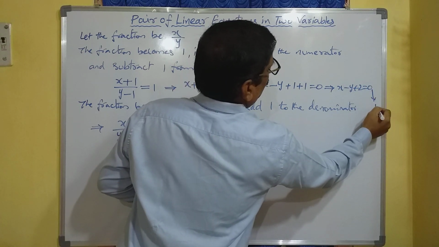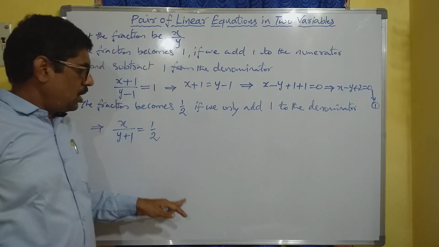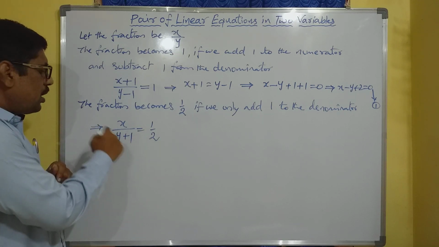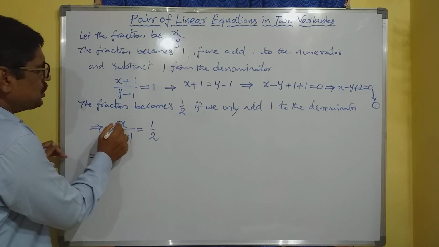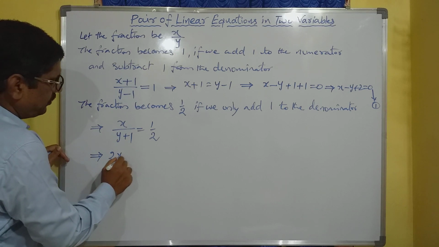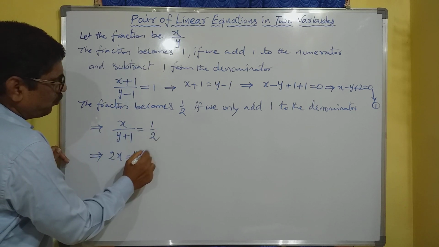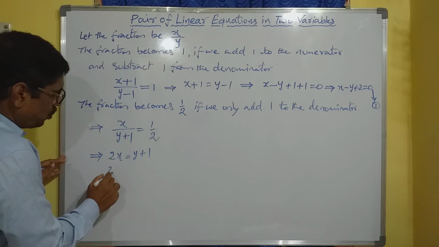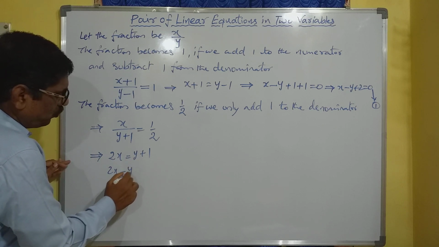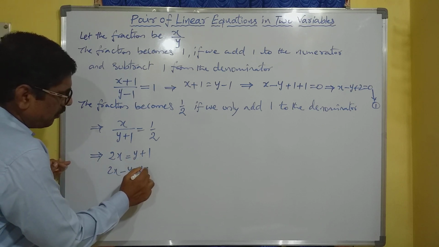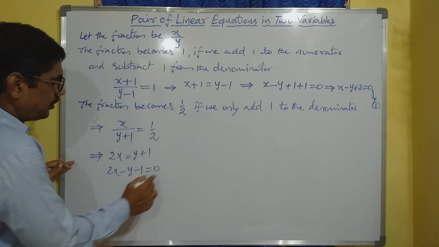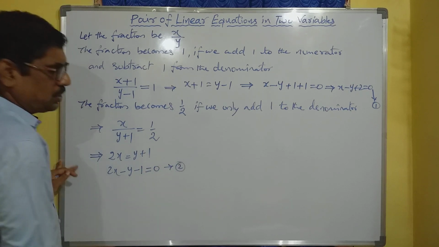Say this is the first equation. Now by doing cross multiplication, x into 2 is 2x, 1 into y plus 1 is y plus 1. Now 2x, transpose the terms from RHS to LHS, then we get this equation.